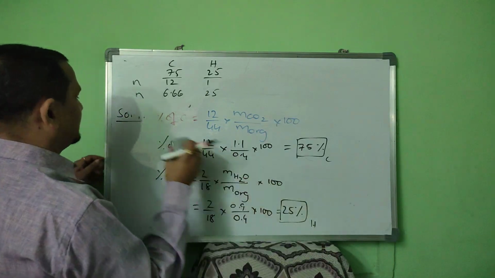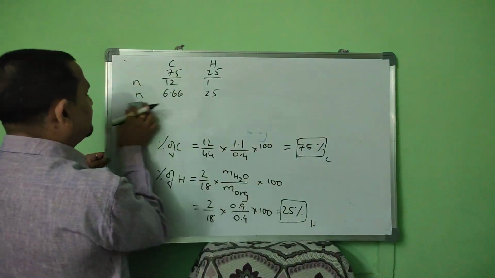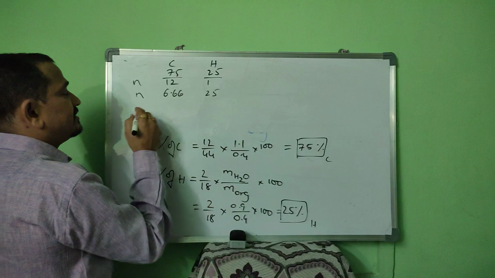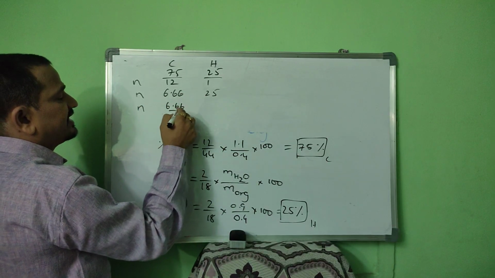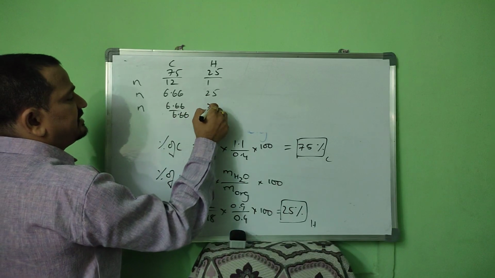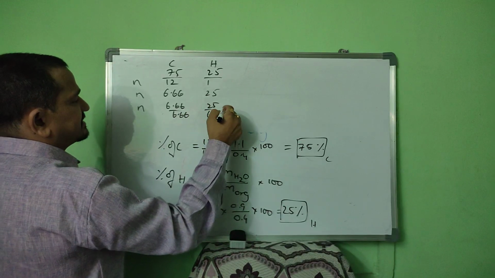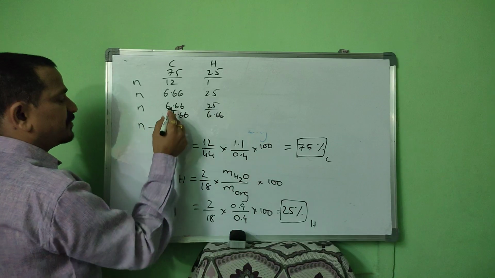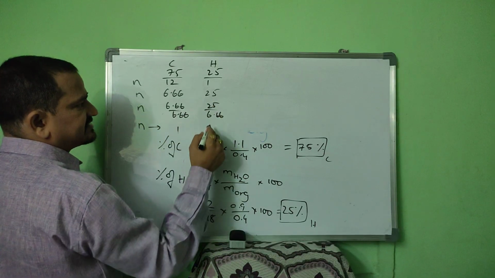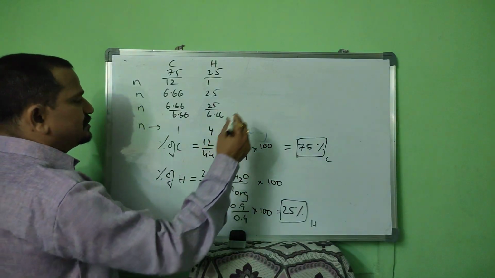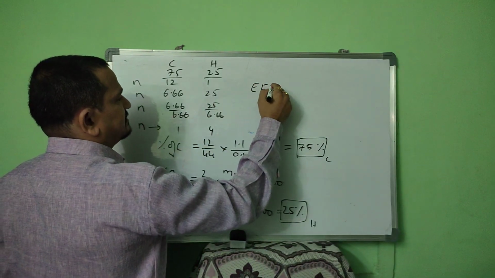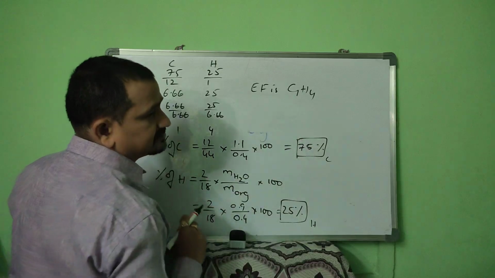Now how do you calculate their simple ratio of number of moles? Dividing all with the least among them: 6.25 by 6.25, 25 by 6.25. Now their simple ratio of moles is 1 here and 4 here. So empirical formula is CH4.